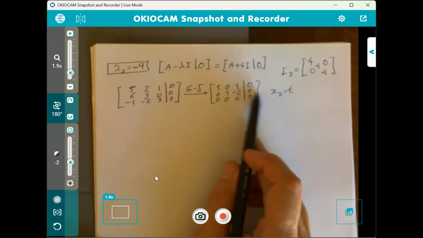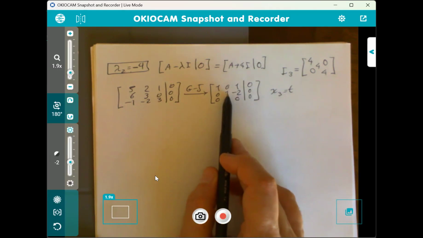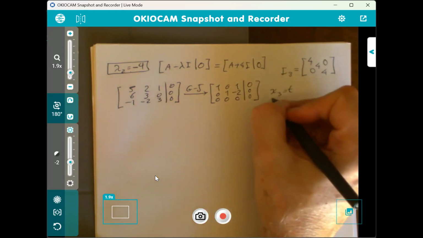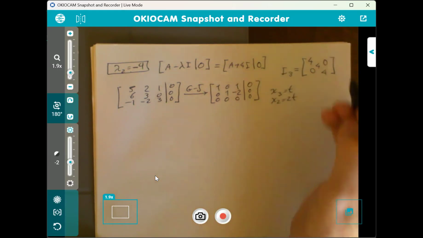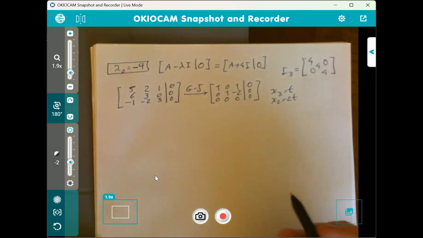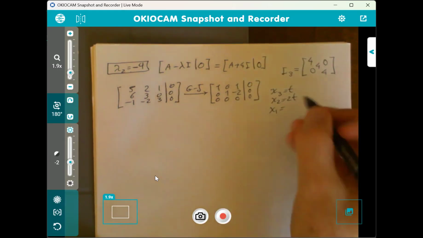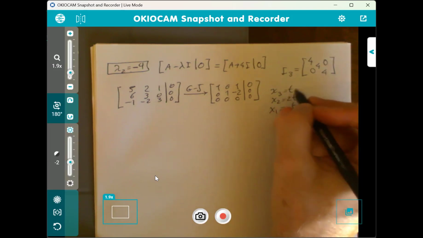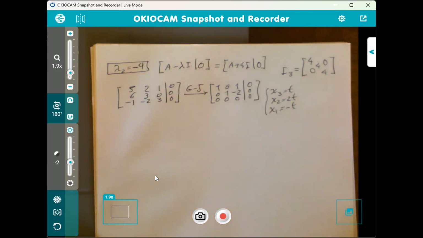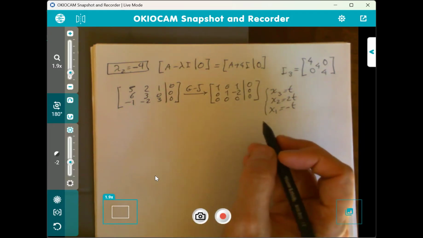So x sub 2 is going to be 2t, right? X sub 2 is 2t. And then x sub 1, move x sub 3 to the other side, becomes negative x sub 3, but that's t. So here's our solution to the homogeneous system.